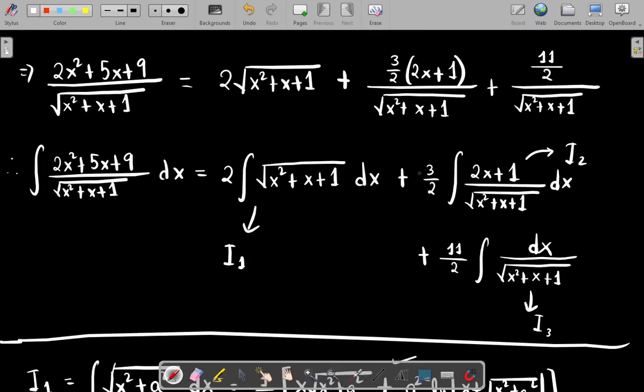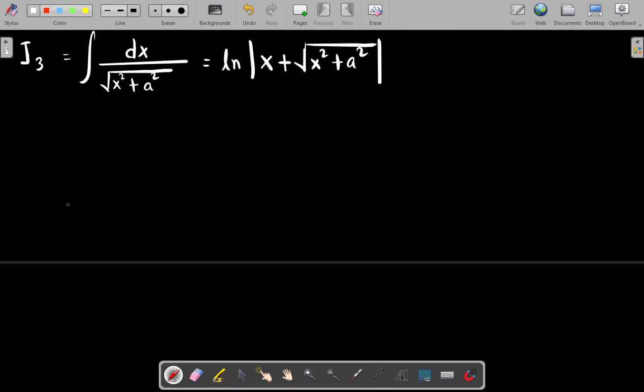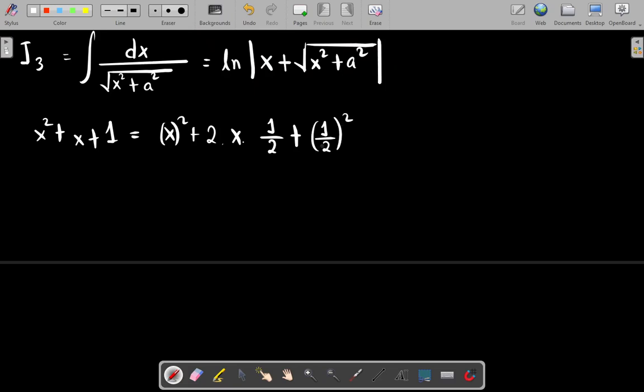Also we have to make this x square plus x plus 1 into a whole square. So if I try to write it as a whole square, x square plus x plus 1 is x square plus 2 times x times half, right? So I have to write this as half square for a plus b whole square. So this becomes 1/4, right? If I take 1/4 from 1, 3/4 will be remaining, right?